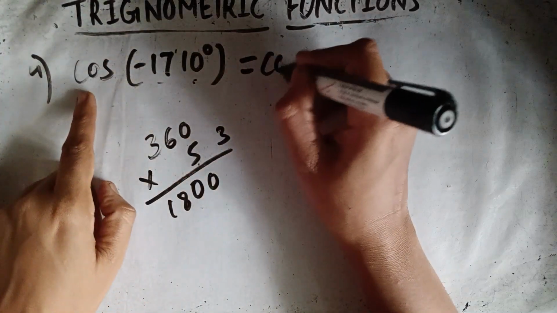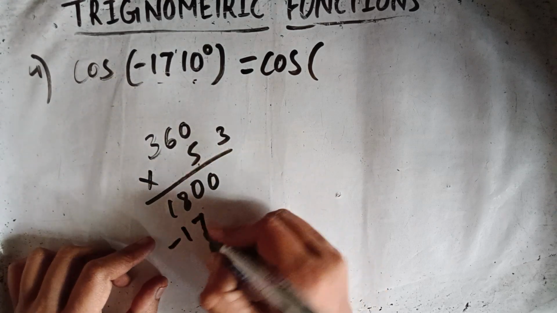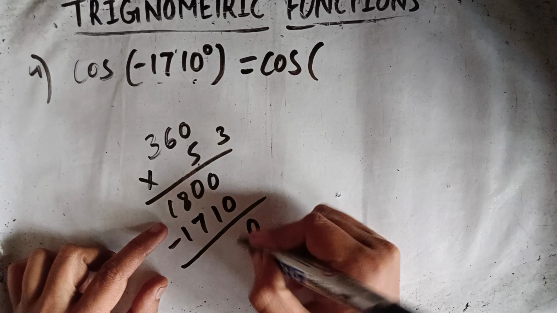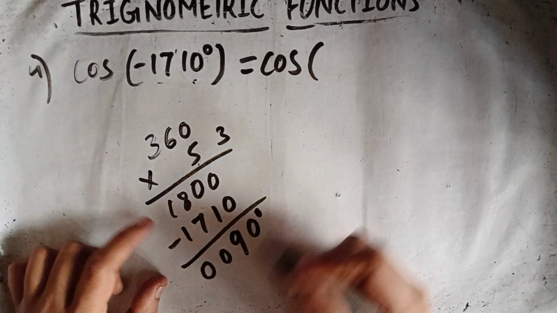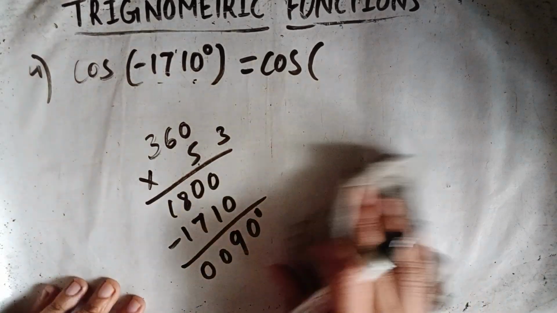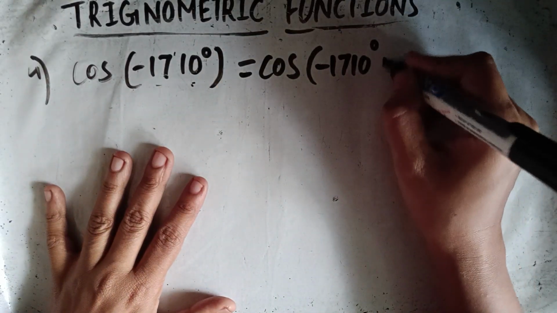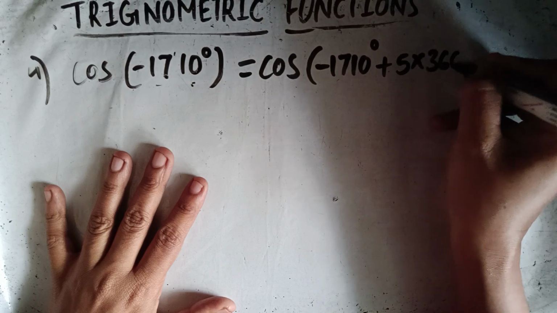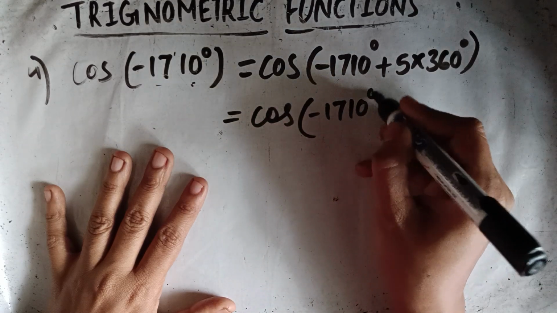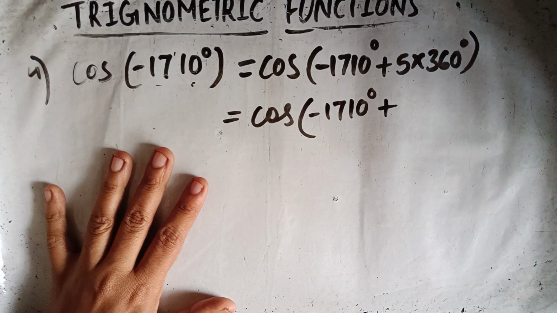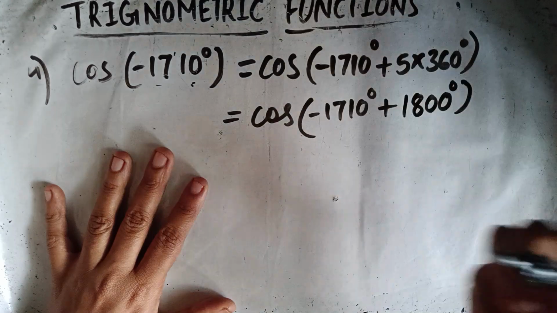So we can write this as minus 1710 degree plus 5 into 360 degree, which is 1800 minus 1710, so see how much it is: 90 degree.